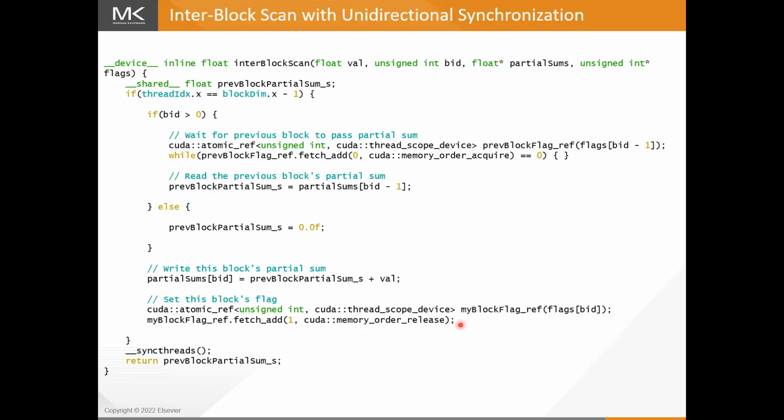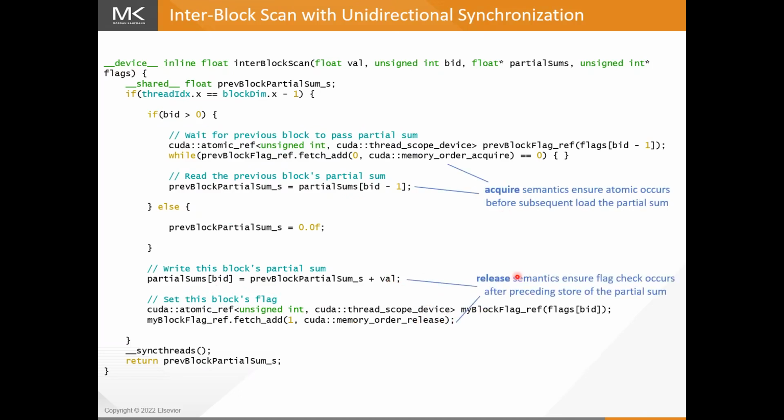Correct? So we need to make sure that the value that we're writing arrives to the global memory before we set the flag. So here we're telling the system that this global memory write must complete before the atomic operation that sets the flag completes. You cannot reorder these operations. Is this clear? Okay, questions? Okay, so here we're using acquire semantics, and here we're using release semantics.